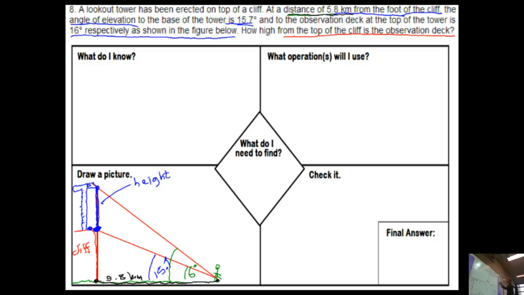Okay. So what do I know in this part? I've got two angles. I've got 15.7 degrees to the base of tower. Okay. I've got 16 degrees to top of tower.